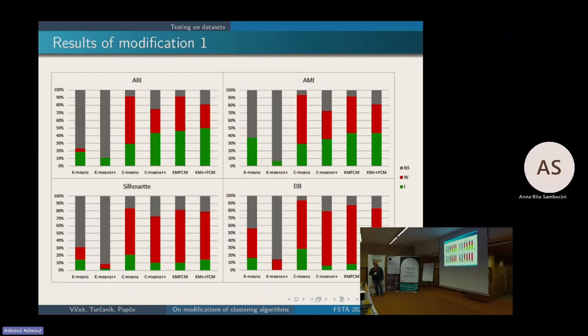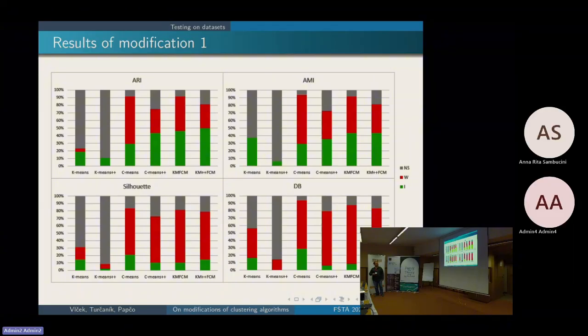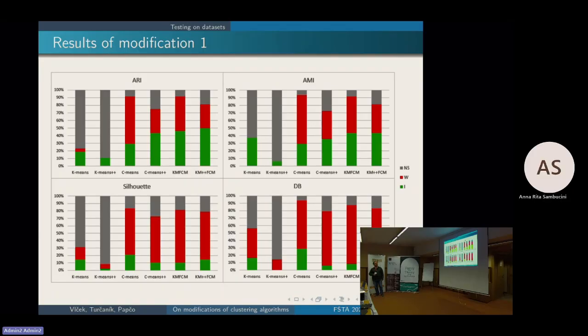And here are some results of modification 1. It was especially more successful in external metrics, but not in general through all used modifications and all used aggregation functions.